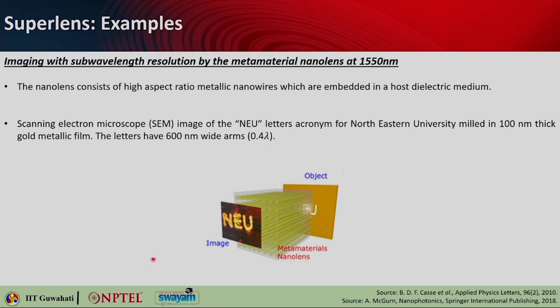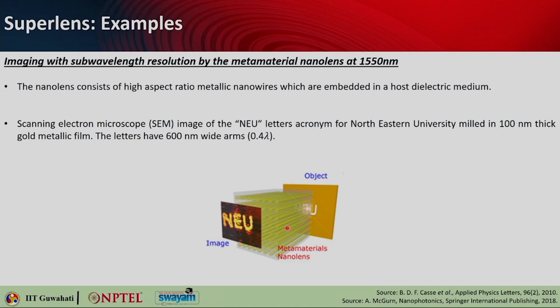Okay, and people have collected the SEM image of this NEU letter. NEU stands for Northeastern University, who conducted this experiment, and it was basically milled in a 100 nanometer thick gold metallic film, as you see at the back. The letters have 600 nanometer wide arms. So this is the width of this arm that you can see.